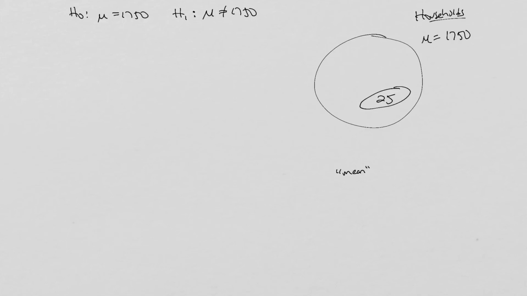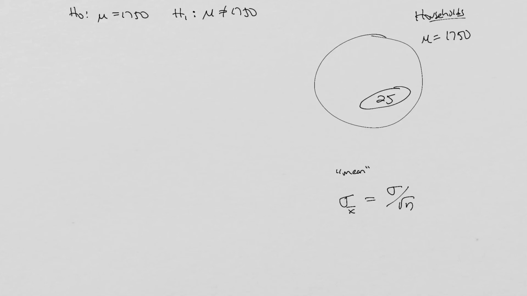Then we were asked to carry out the test. We've already stated our null and alternative hypotheses. We need to come up with the standard deviation for samples of size 25. The standard deviation of the samples, which we'll say sigma x bar represents, is the standard deviation of the population over the square root of n.